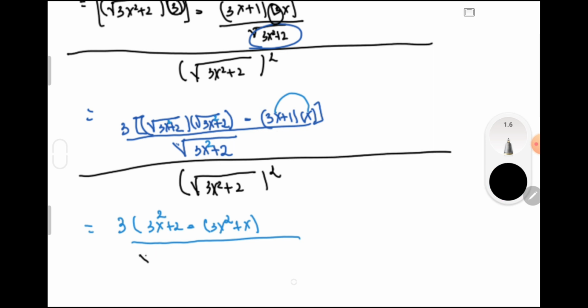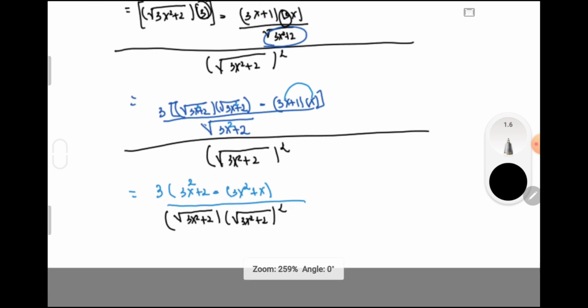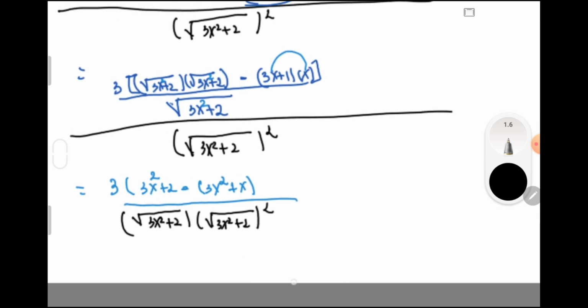So we'll have a value of square root of 3x squared plus 2 multiplied by square root of 3x squared plus 2 squared. Okay. So from here, we will have a value equal to 3x squared minus 3x squared is equal to 0. Then we have 2 minus x is equal to 2 minus x.